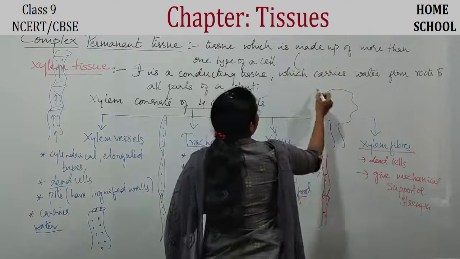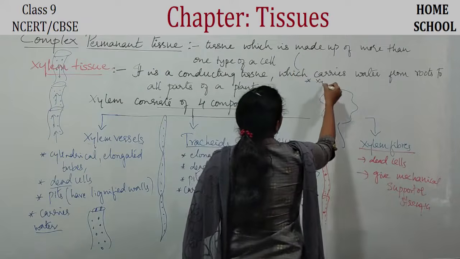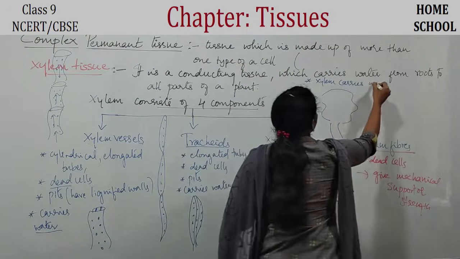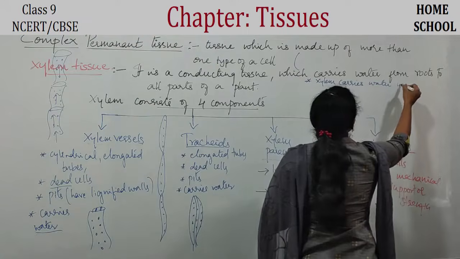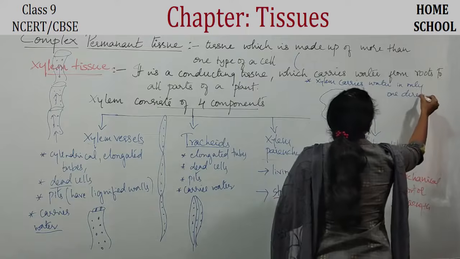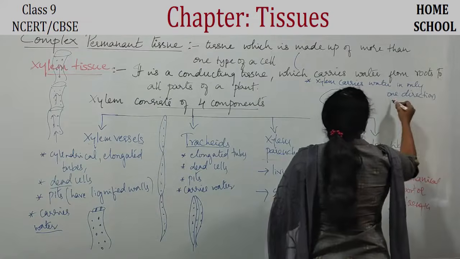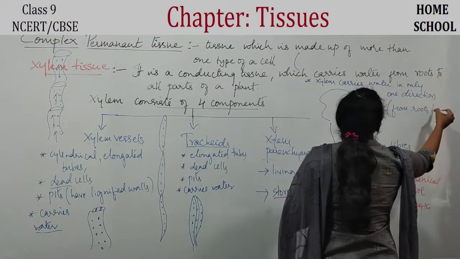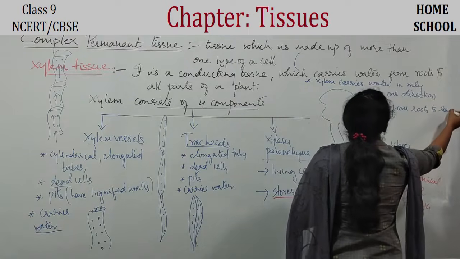I'll write it here. Xylem carries water in only one direction. That is from roots to leaves.